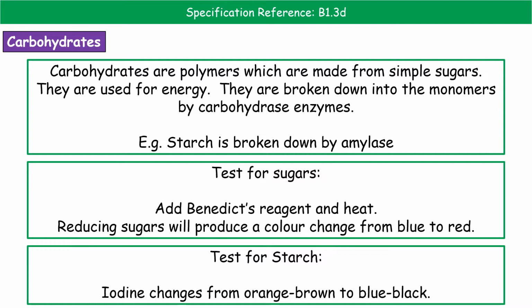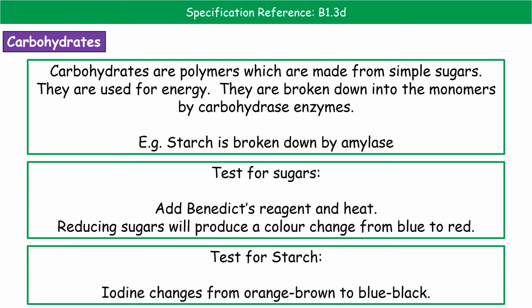So carbohydrates are first. Carbohydrates are polymers which are made from the monomer of simple sugars. By that we mean we've joined lots of these sugar molecules together to make a long chain, which is our polymer, the carbohydrate. We use carbohydrates for energy. They're one of our major sources of energy, and we will break them down using an enzyme called a carbohydrase enzyme.